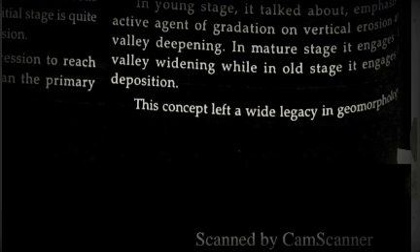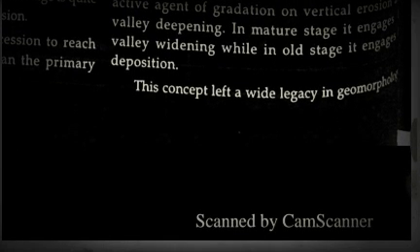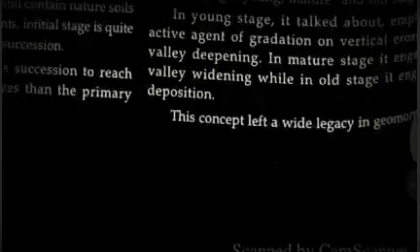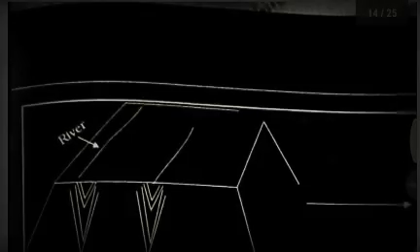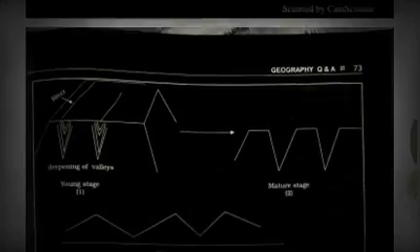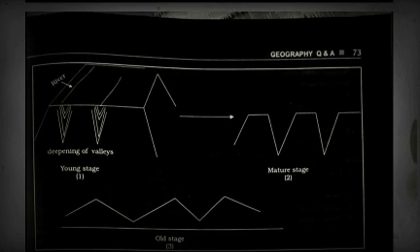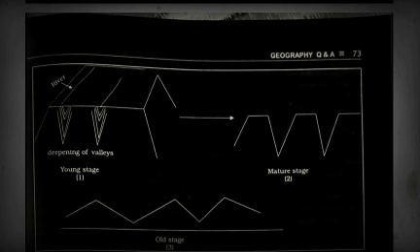And in the old stage, the deposition process takes place: floodplains and some other important river features appear, and the concept left a wide legacy in geomorphology. Please see this diagram; it is an important diagram. You can see valley deepening in the youth stage, where river power is very high.